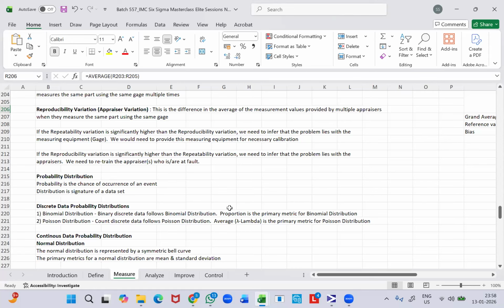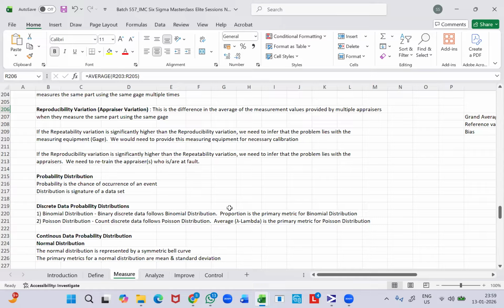When we discuss the normal distribution, we are also going to learn how to calculate the sigma level. As I told you, at the end of the measure phase, we will arrive at the baseline sigma level of the process performance. So we will not only calculate the baseline CTQ metric performance, the metric representing the business problem, which helps us quantify the business problem, we will also have that CTQ metric performance converted in terms of sigma level.